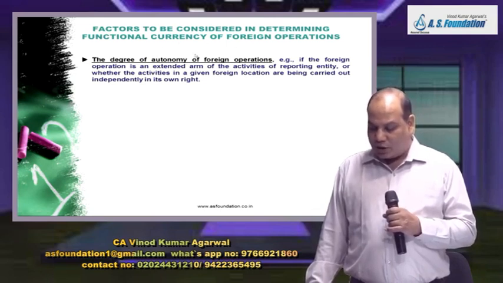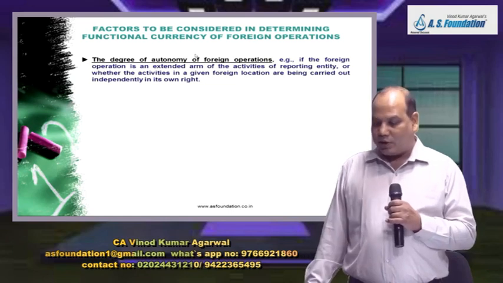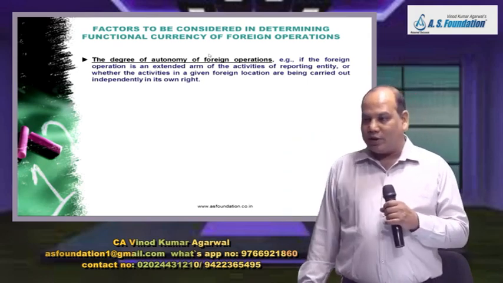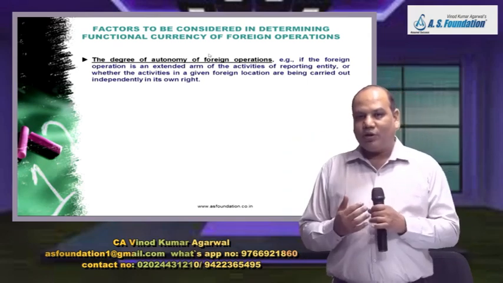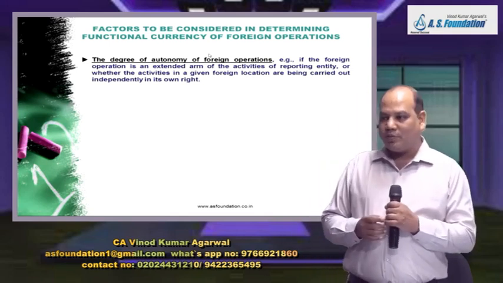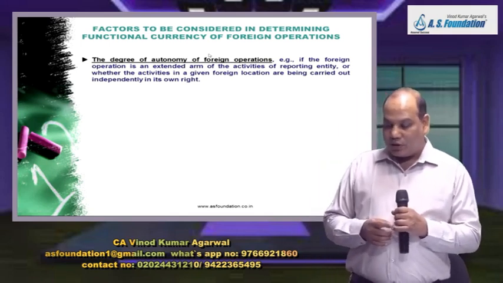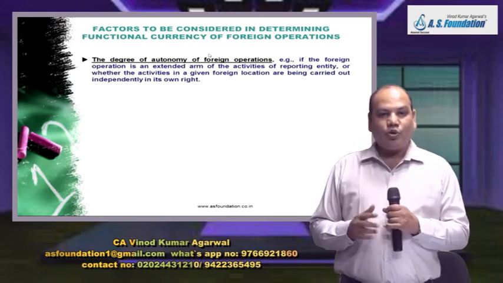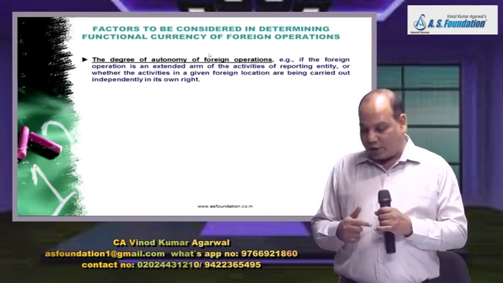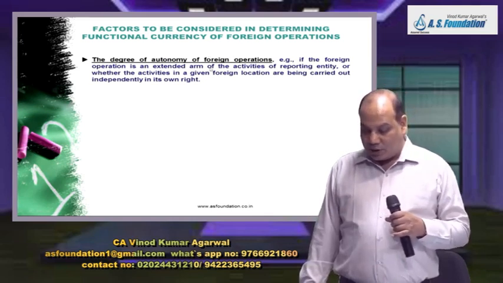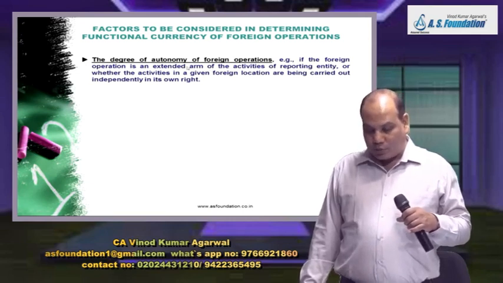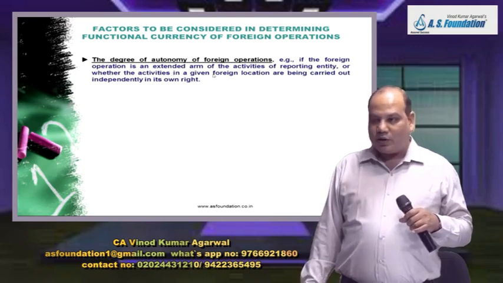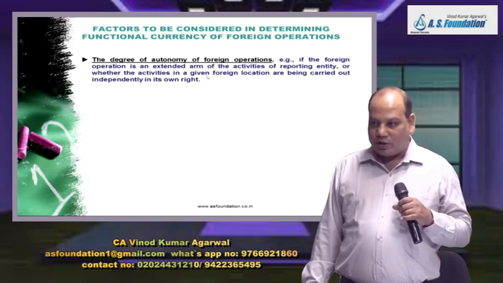So if the decisions relating to operational and financial management can generally be taken by the foreign operation directly itself, and it is not dependent on the reporting entity for decision making, then it will have a different functional currency, different from the reporting entity's functional currency. But if it is dependent on the reporting entity for everything or most of the things, then it is nothing but an extended arm of the reporting entity.